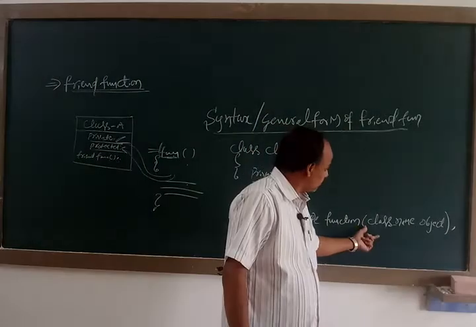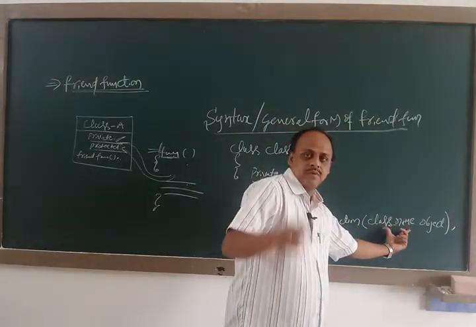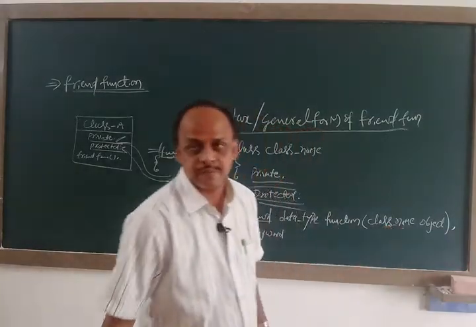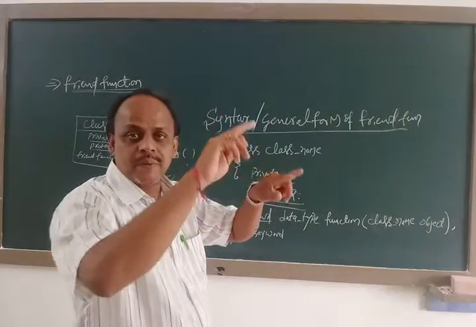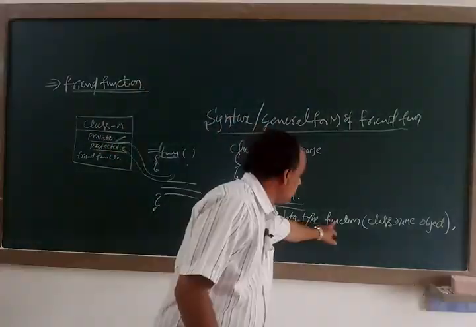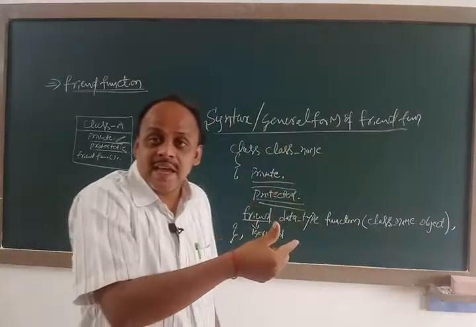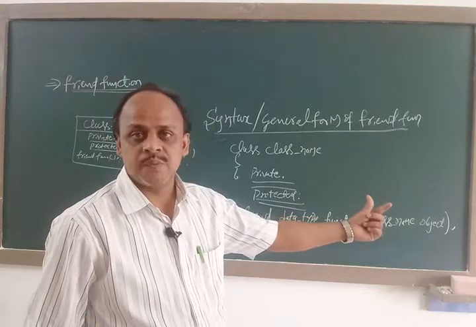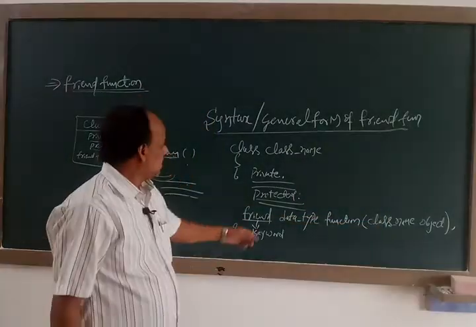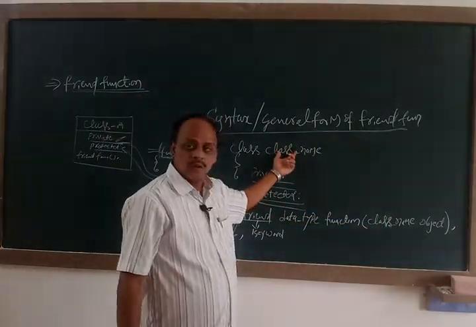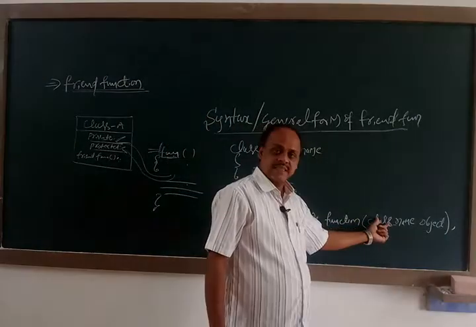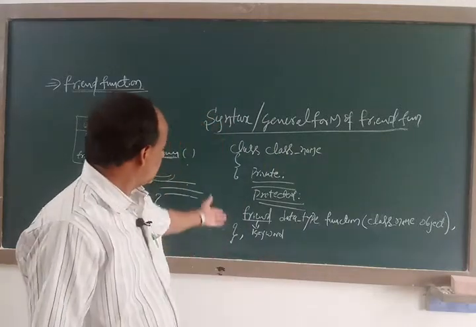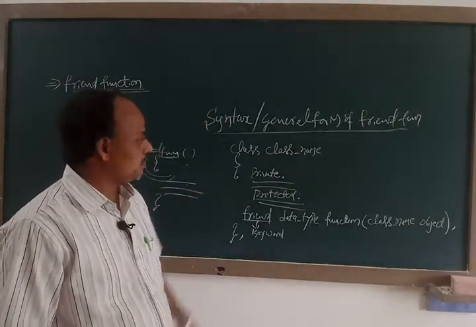In the function argument place, or function parameter place, means open bracket close bracket of a function, what we have to write? Class name and object. We have to mention class name, space, object. So suppose class name is x, we have to write here x, and we have to write one object. So this is the syntax of a friend function.